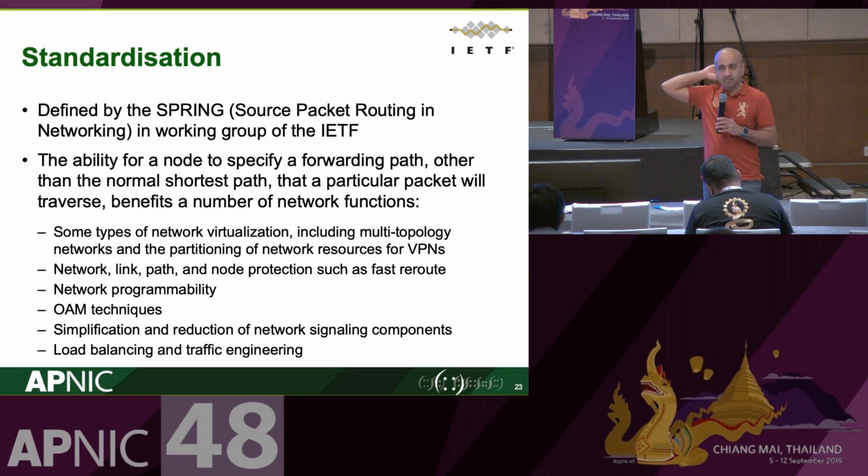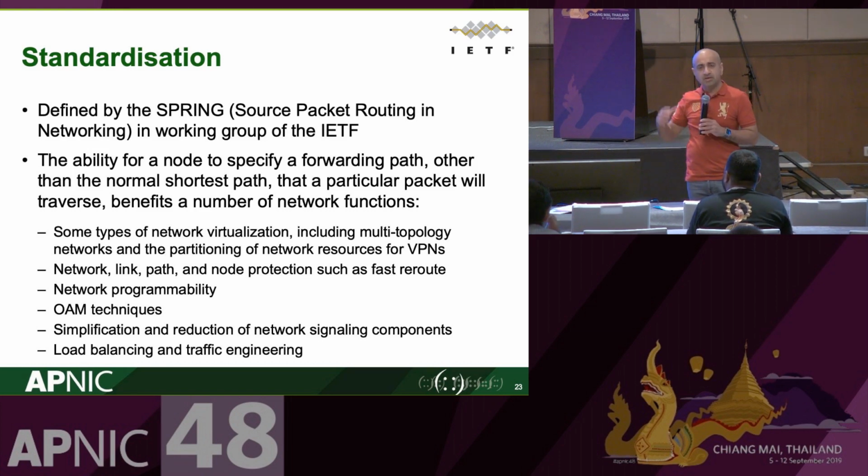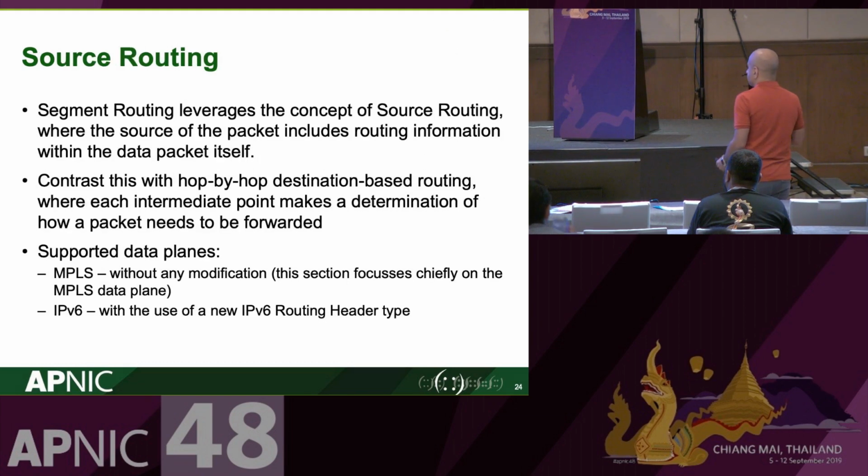So the problem becomes scaling of what we call the midpoints, the P routers, the LSRs, because they're seeing a lot of LSPs, potentially all of them. They have to create a lot of state. And so we reach this point where we cannot scale RSVP-TE networks anymore. So that was an objective, right?